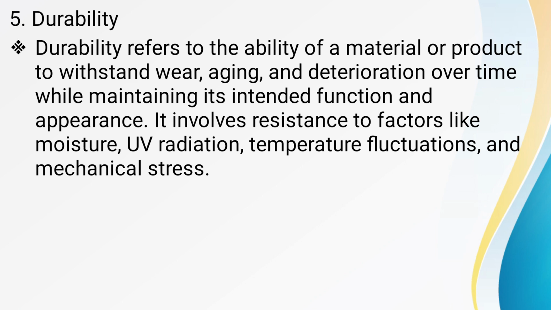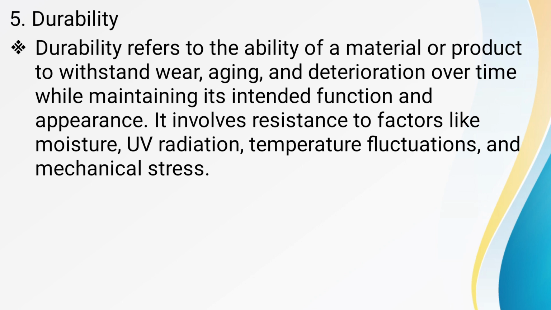Then we also look at the aspect of wear and abrasion resistance. Here we are looking at the materials that are used in high traffic areas like flooring and countertops, which need to resist wear and abrasion. You also look at the aspect of chemical resistance.